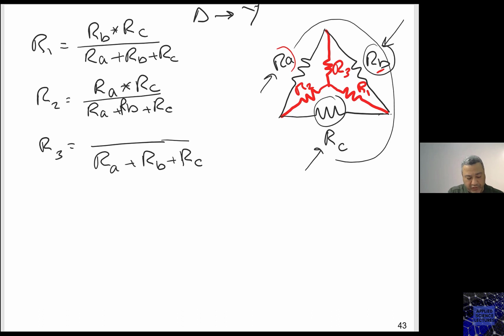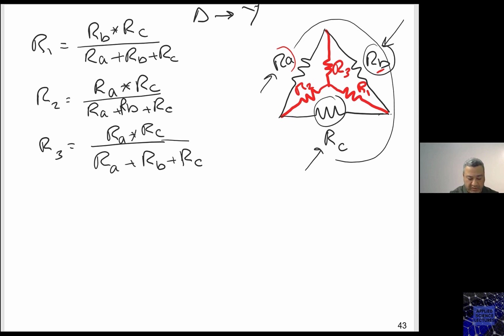By the way, you don't have to memorize. Those will be provided to you in the formula sheet. But you have to understand the topology. The equations themselves will be given to you. So R3 is RA times RC.